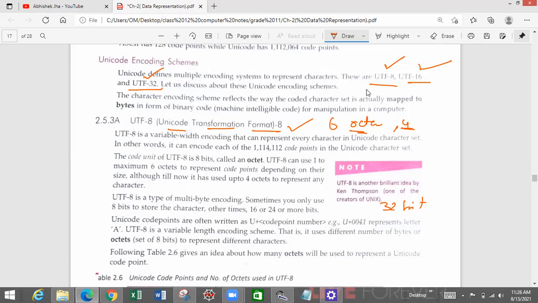So UTF-8 always represents numbers in the form of octets. Each code unit is called an octet, and it can have 1 to 6 octets to represent a number. So if you are using a number in UTF-8, you can represent it in 8-bit, 16-bit, or 24-bit.